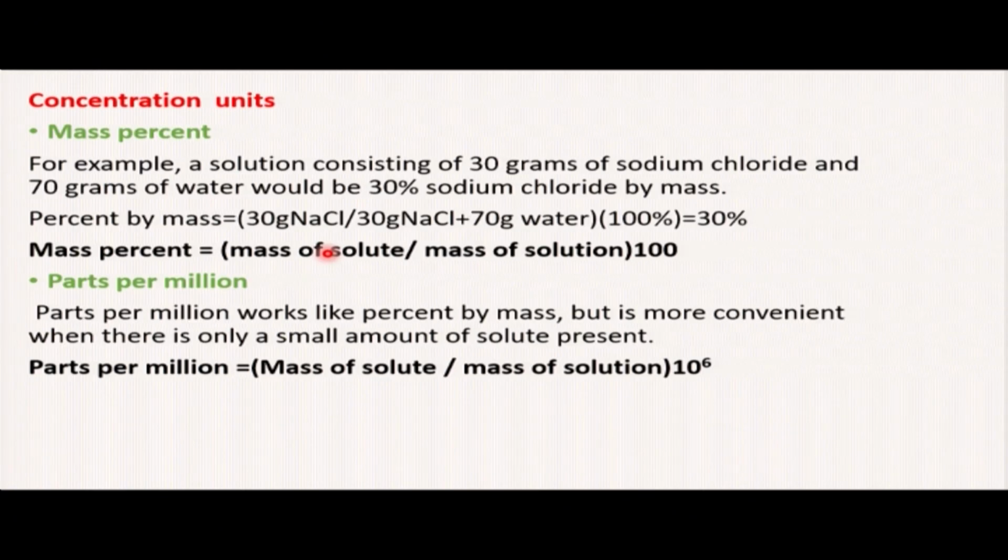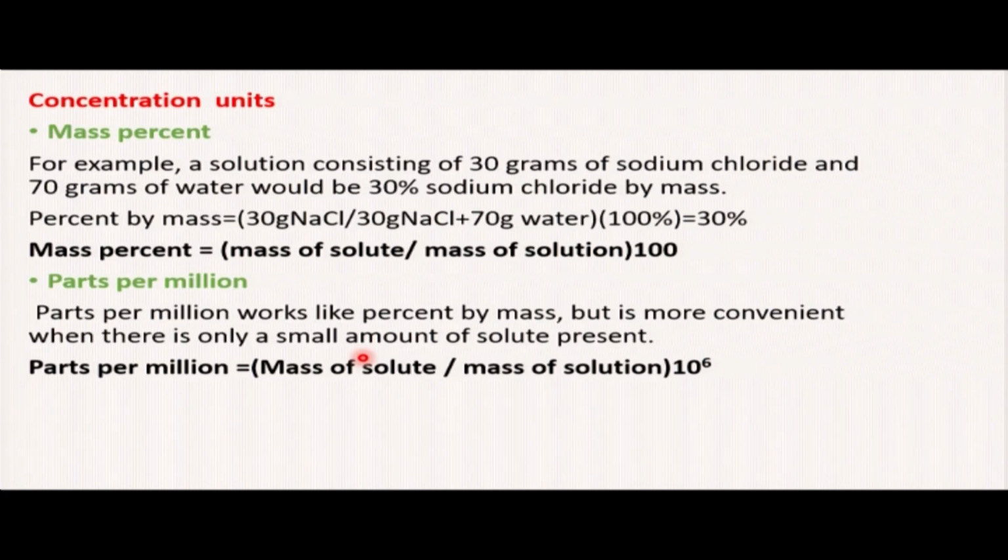Then we have parts per million. You may not be familiar with this. Parts per million is the same as mass percentage, but it is used when the amount of the solute is too small, especially when we are adding small quantities of the solute into the solution.